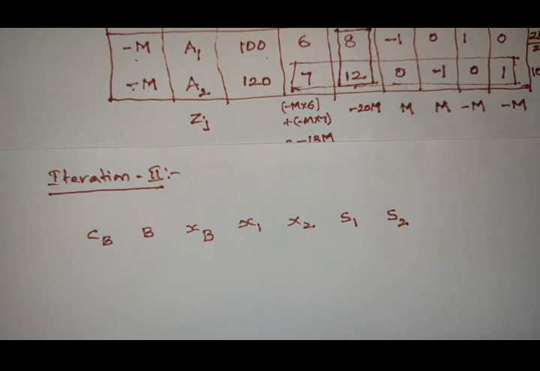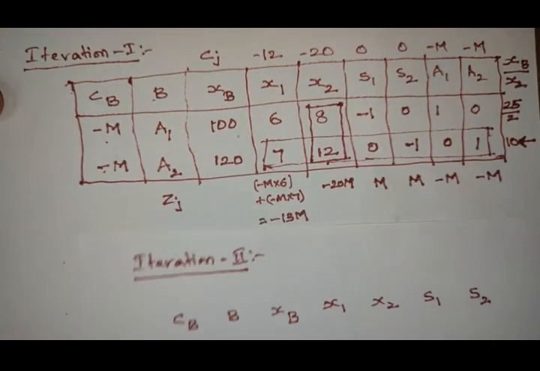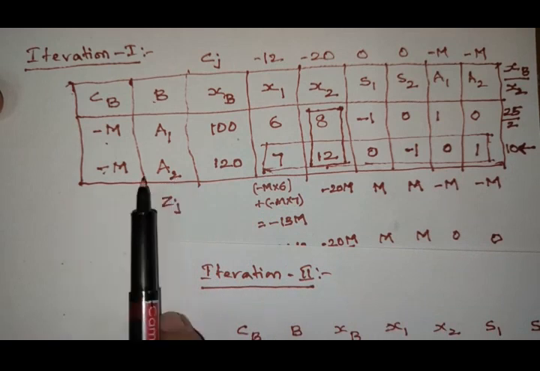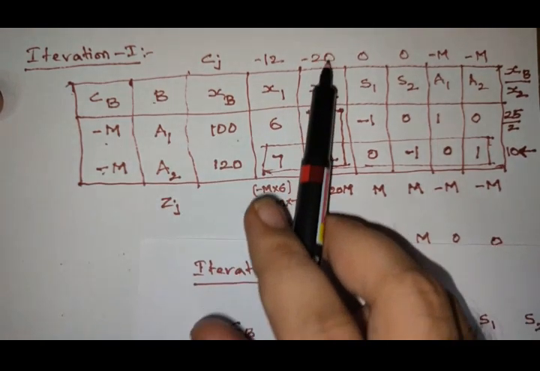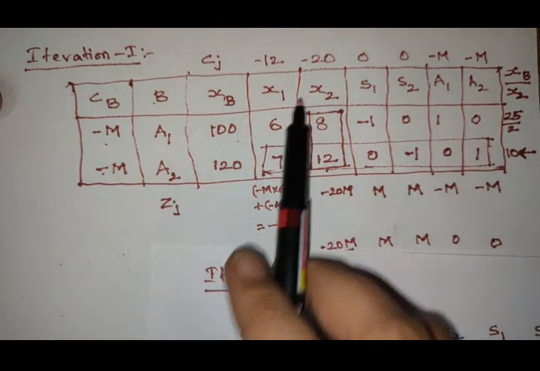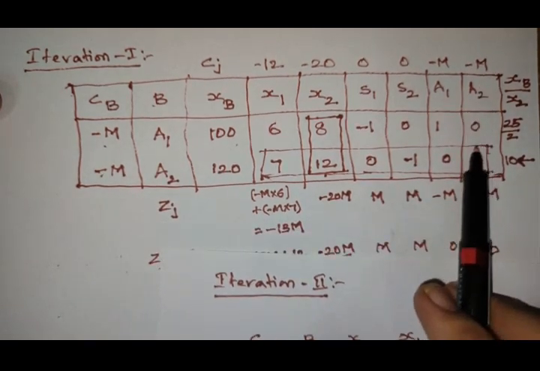Now we need to see one thing. Here we can make a simplification in forming the simplex table iteration by iteration. Here the key row is the a2 variable. That means a2 is leaving, and the variable entering is x2. So we are replacing a2 by x2. As a2 is leaving, we can remove the a2 column here.